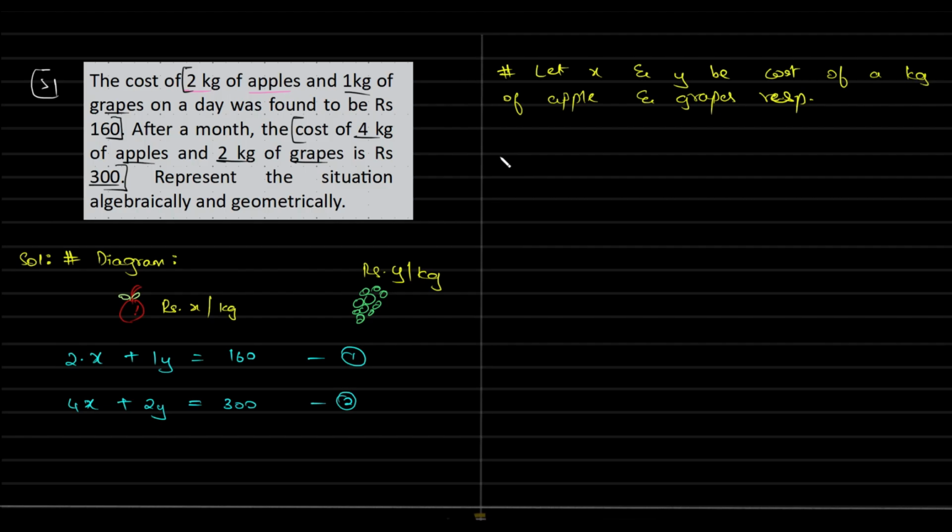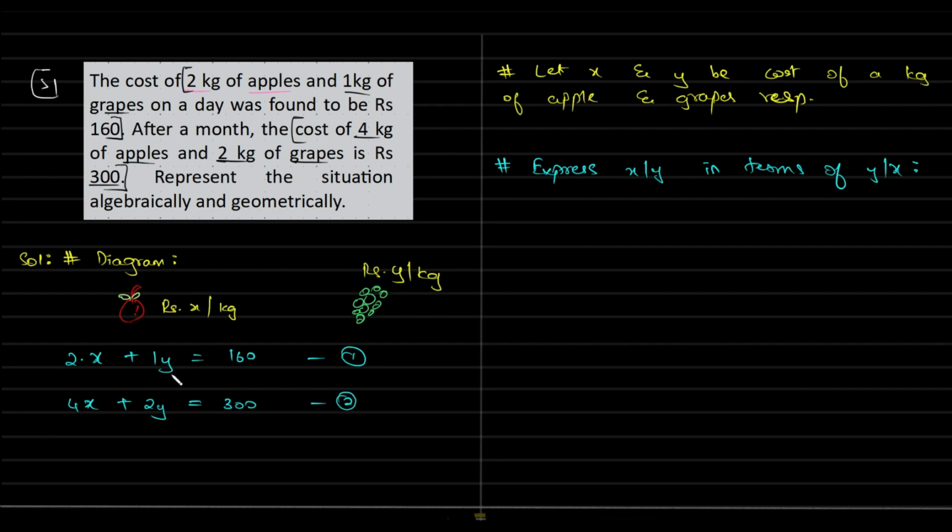And then the next part is the graph part. For that, we need to express x or y in terms of y or x. To do so, first decide on what you want to express.